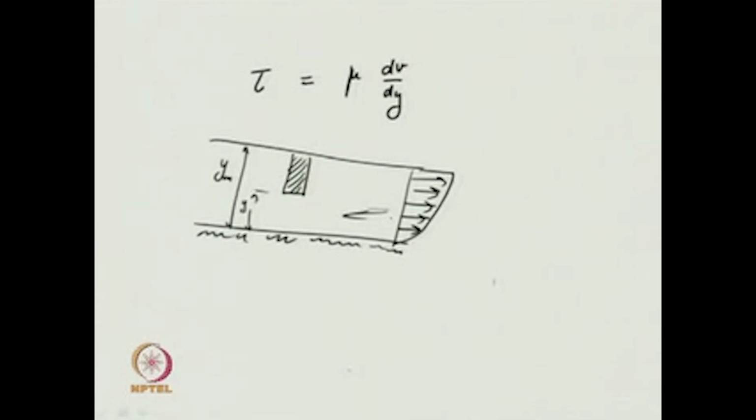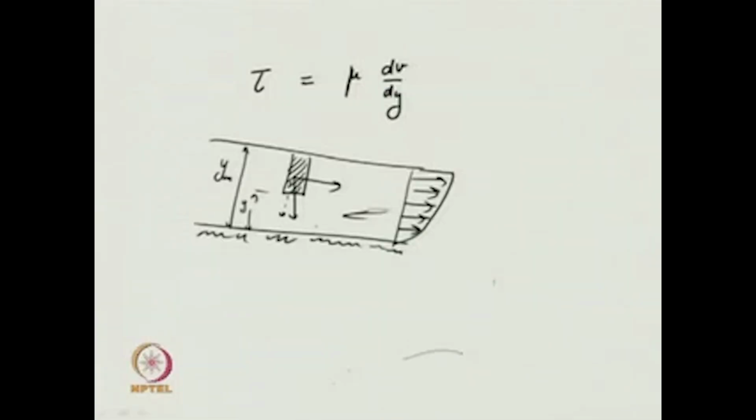How does viscous flow affect this? If you take this elementary strip, it has its weight acting downwards. The component in the flow direction is now being balanced by the frictional force along the bed. So you have to equate them now.